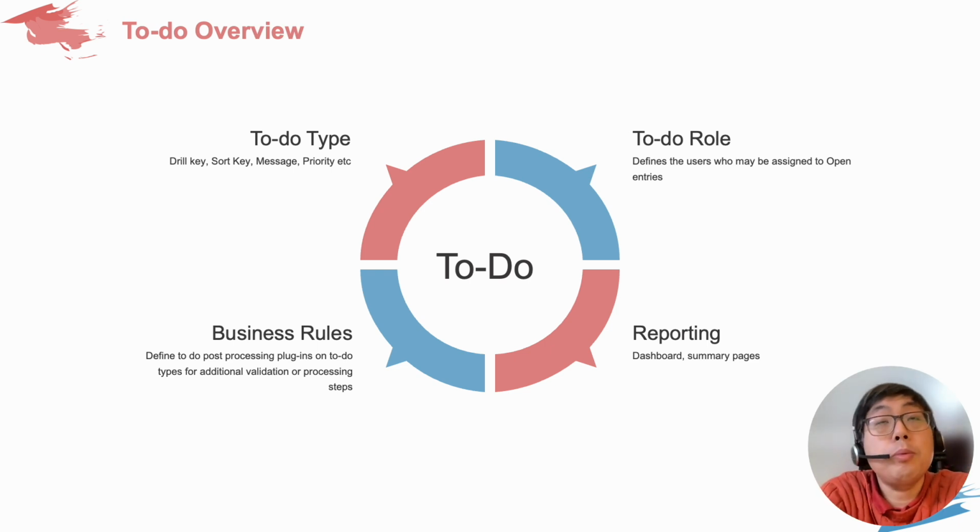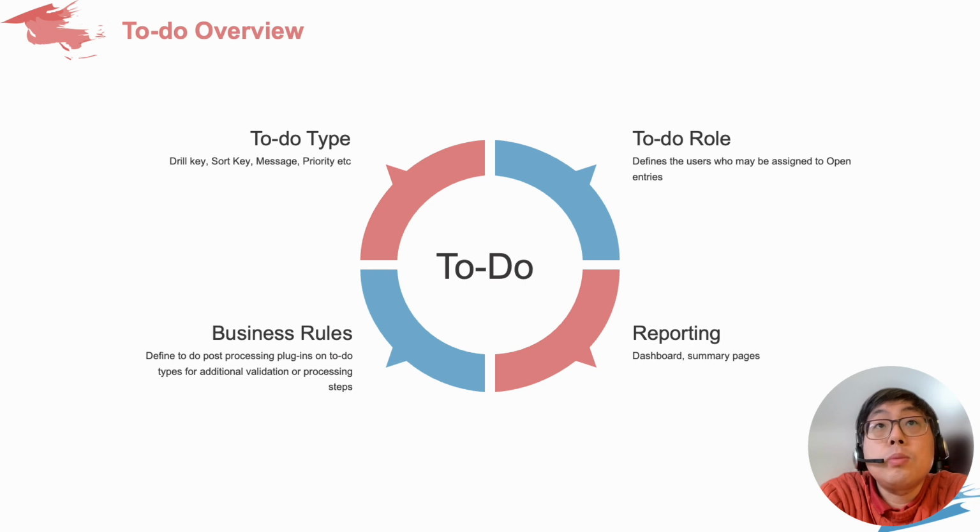And on To Do type, we can define all sorts of information, which we will expand on later. But the main things are around drill key, sort key, message, priority, and also the To Do role defines who the To Do gets assigned to once the To Do is raised.